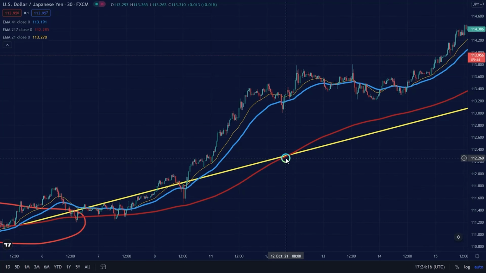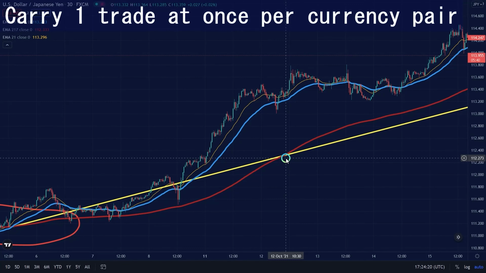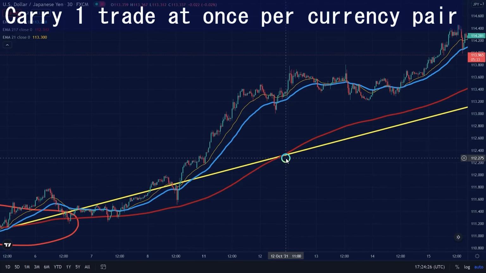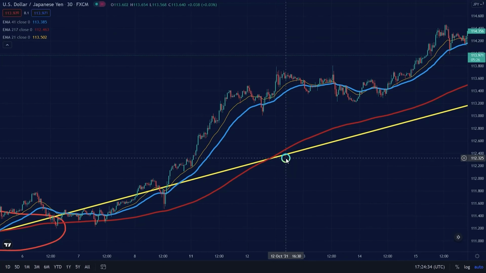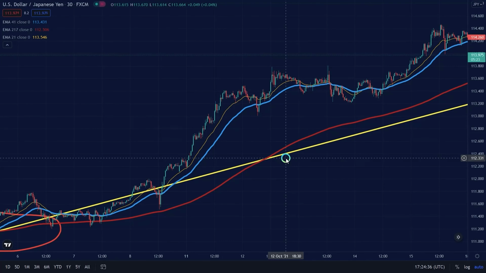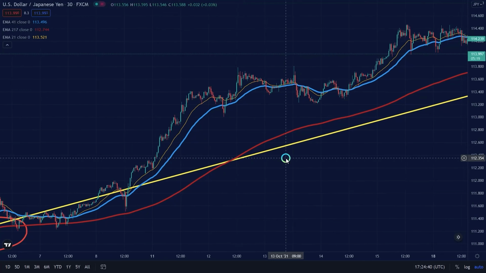What does it mean? It means that first of all, you will carry 1 trade at once per currency. So if you run the strategy on 5 currencies, you can trade maximum 5 trades at once. And you have to wait 1500 minutes after an entry, so you will filter out the noise very good.